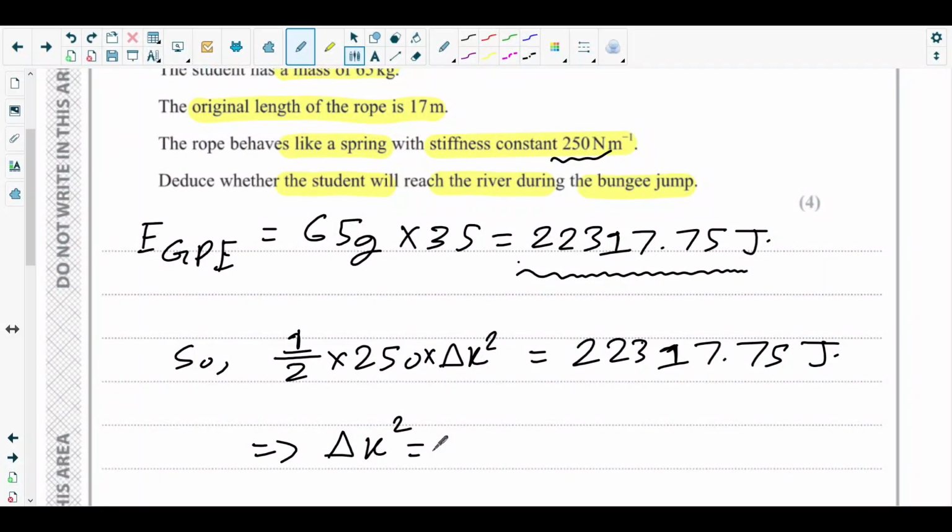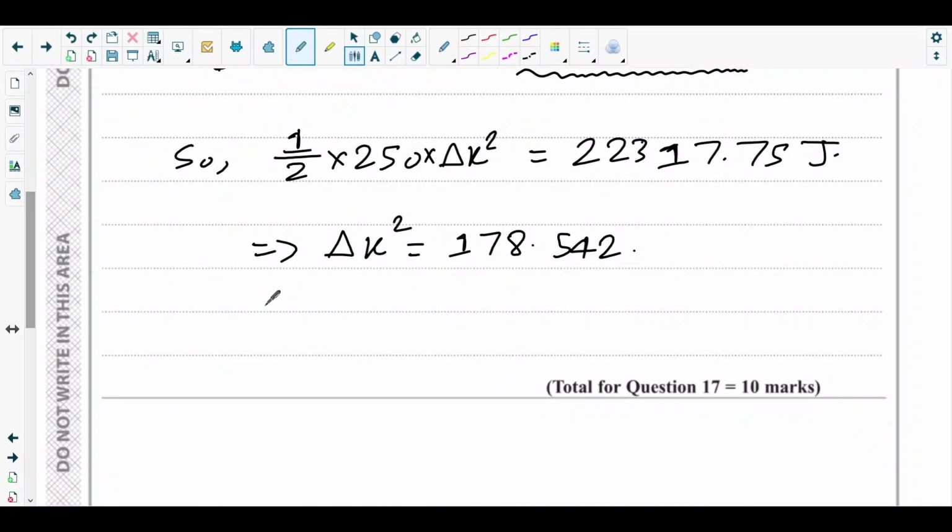So from there let's find out the value for del x. 22,317.75 times 2 divided by 250. This is 178.542. So the value for del x would be the square root of the answer.